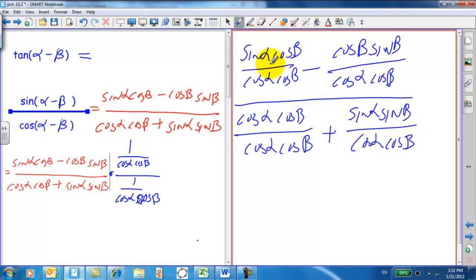And you can see a lot of things cancel. Here the cosine betas cancel and we get sine alpha over cosine alpha. Here the cosine betas cancel and we get sine beta.